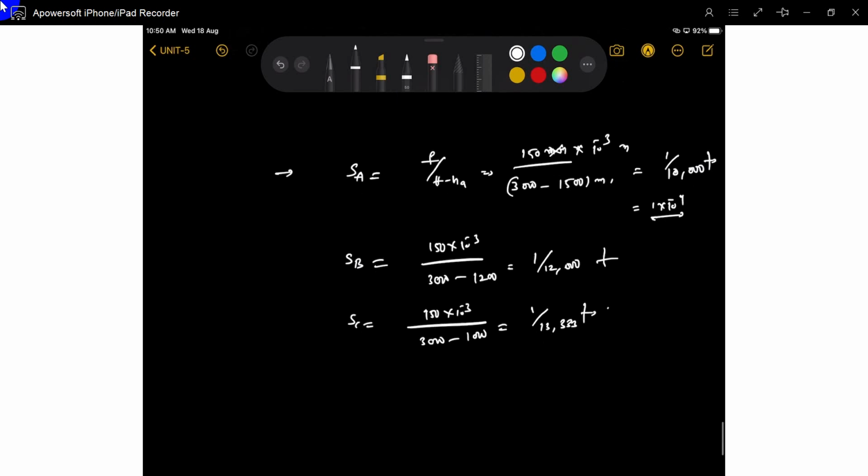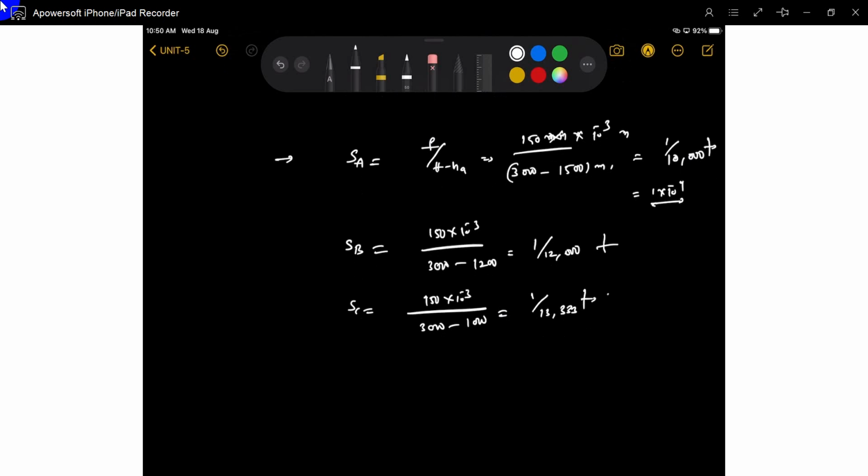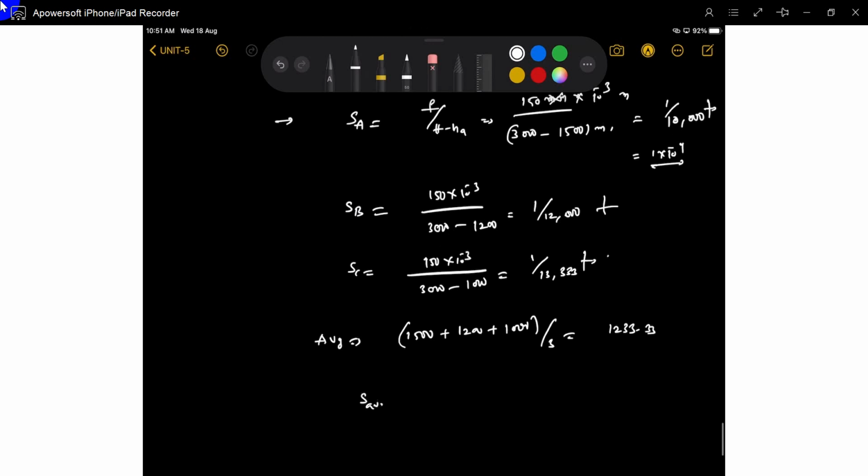Since the different points have different elevations, we need an average. The average is just the average of the elevations: 1500, 1200, 1000 divided by 3, which gives 1233.33. For the average scale, 3000 minus 1233.33 gives 1 by 11,778.